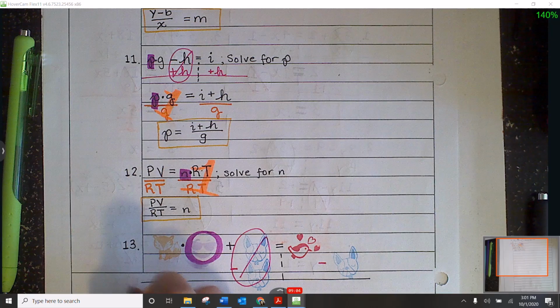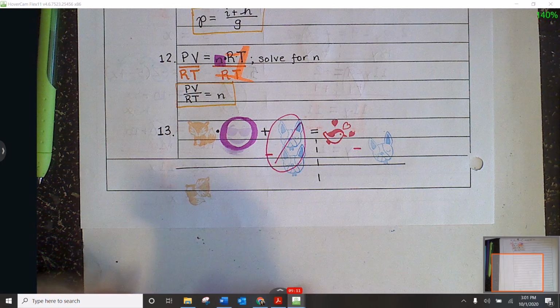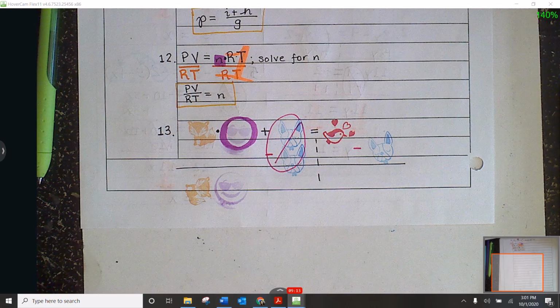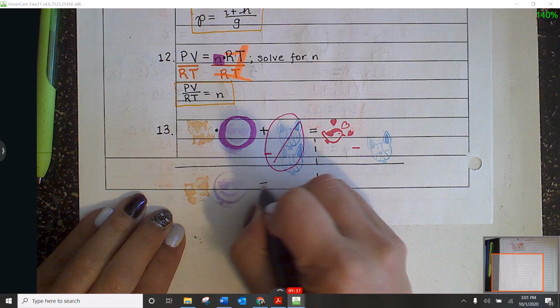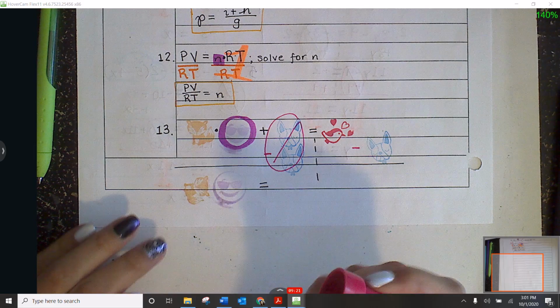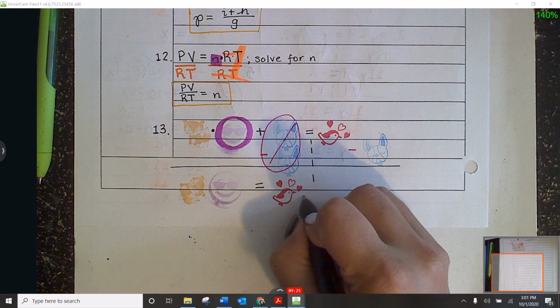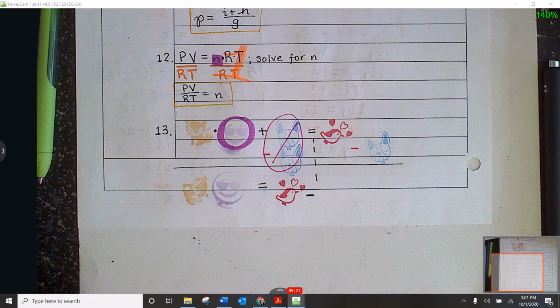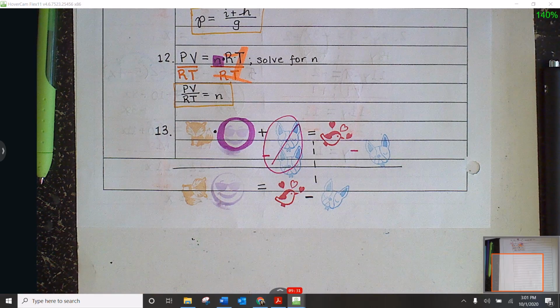And I have my fox times my smiley face, which is what I need to solve for. And it equals my bird minus my doggo.